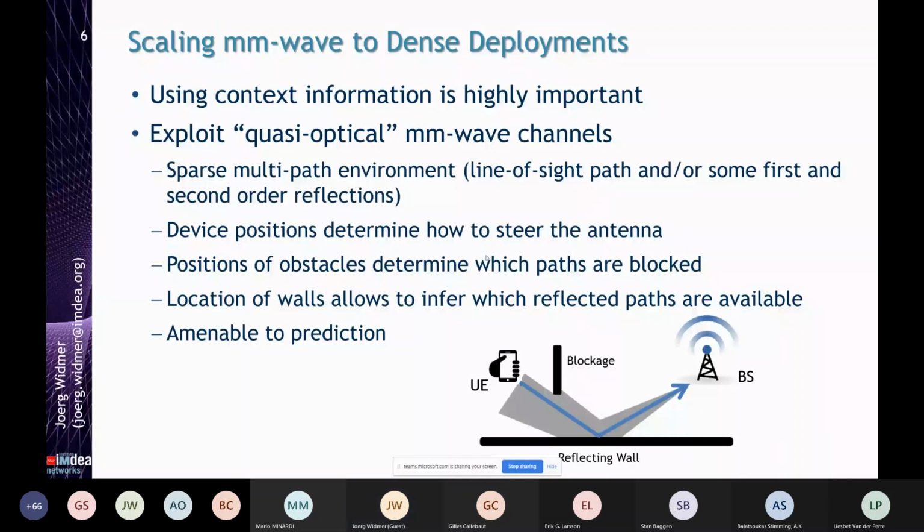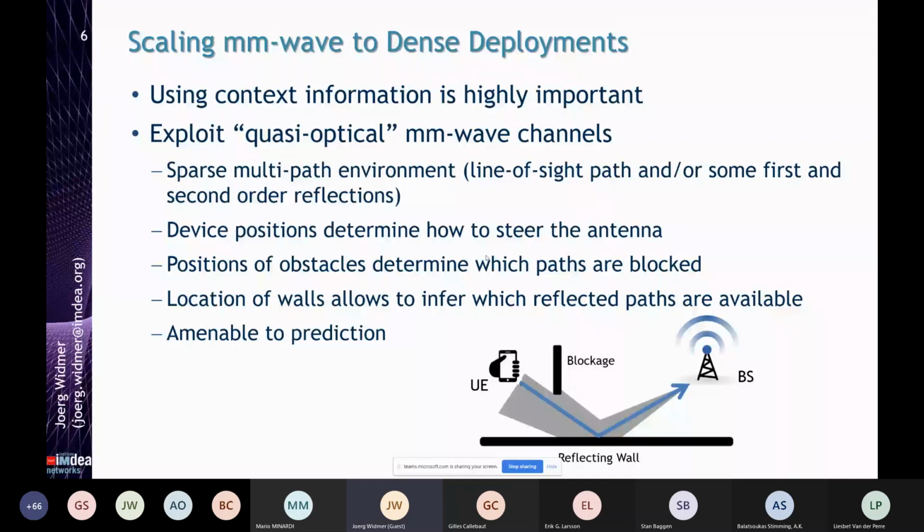At lower frequencies, because it's a very rich multipath channel, you might partially penetrate the blockage, and the signal bounces from many different obstacles and walls and so on. This is an extremely hard problem. But in millimeter wave, the multipath is very sparse, right?